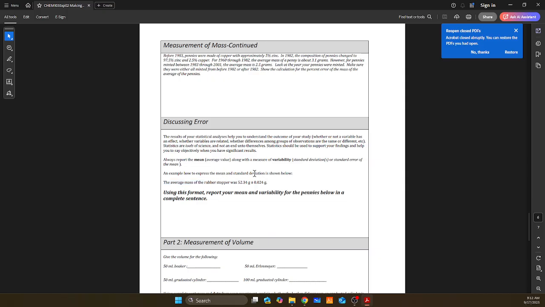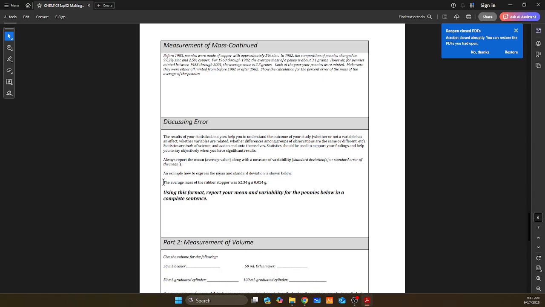And so the average mass was 52.34 grams plus or minus 0.024 grams. You don't actually have to put the grams both places. You can just put it at the end. This packet wants you to write a statement like that for pennies, using your average and your standard error.